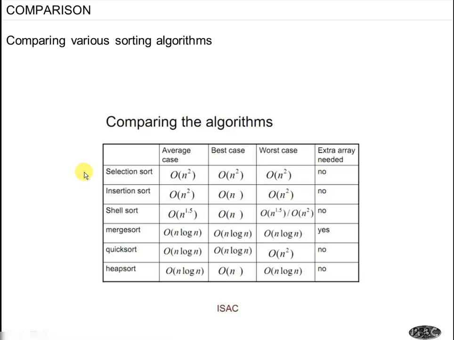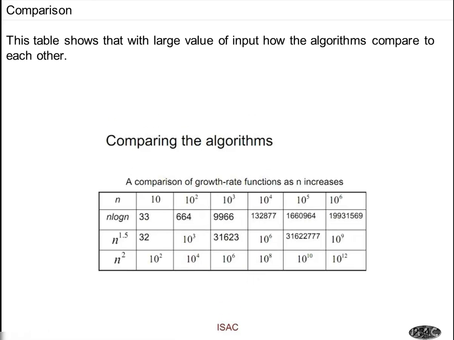For selection sort, the worst case is order of n square. For insertion sort, it is order of n square. Shell sort, merge sort, quick sort. So if you see, the merge sort is of order n log n. For quick sort, in the worst case, it will be order of n square. In the best case, it will be n log n. So the average case for merge sort and quick sort is the same, and even the heap sort. This table shows that with a large value of input, how the algorithms compare to each other.